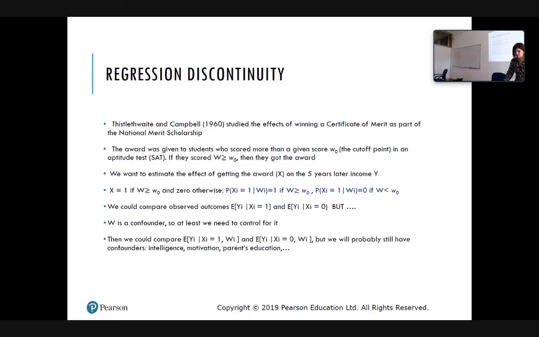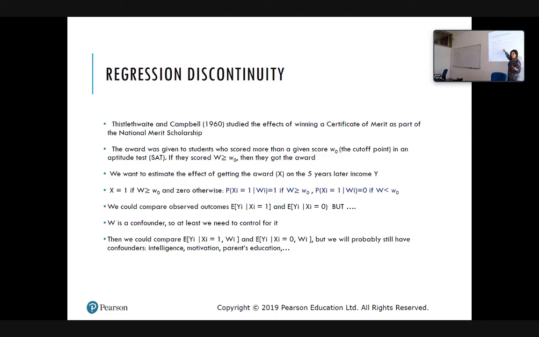Okay, so the conditional mean of Y with respect to the treatment. There could be other variables like my ability, my motivation, my intelligence, my parents' education, which are of course related to X, so related to whether I get the award or not, because if I am more educated because my parents are more educated, then the probability to get the award is higher for me. So these are correlated to the award and determine Y, my income in 5 years.